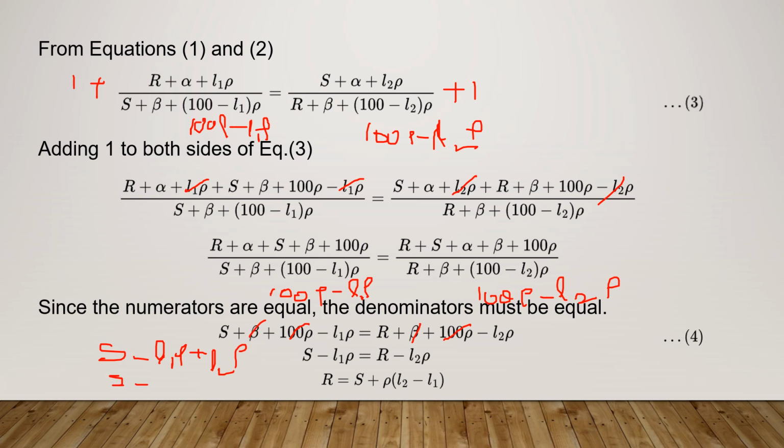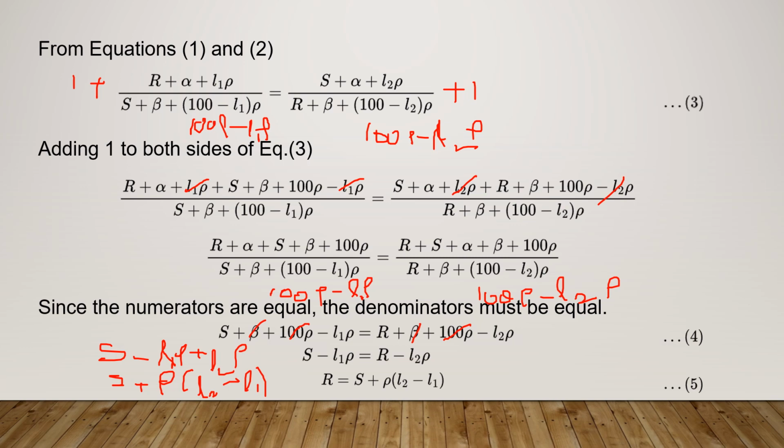Therefore, taking rho outside, for this plus term L2, minus this term is L1. R is equal to S plus rho into L2 minus L1.